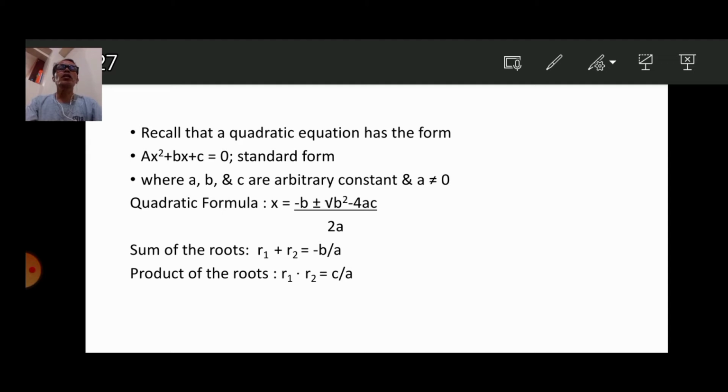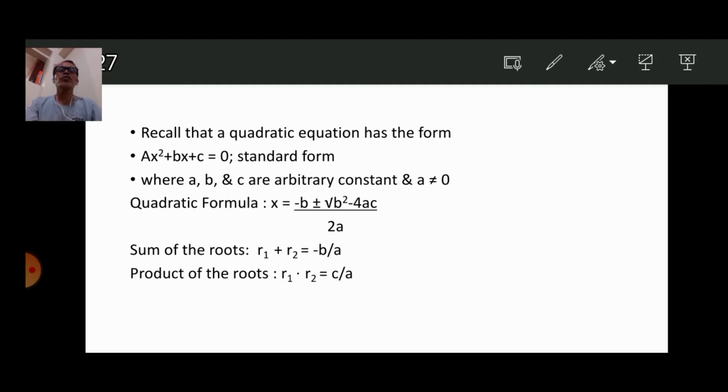Okay, recall that a quadratic equation has its standard form ax squared plus bx plus c equals 0, wherein a, b, and c are arbitrary constants and a must not be equal to 0. And the quadratic formula is given as x is equal to negative b plus minus the square root of b squared minus 4ac all over 2a.